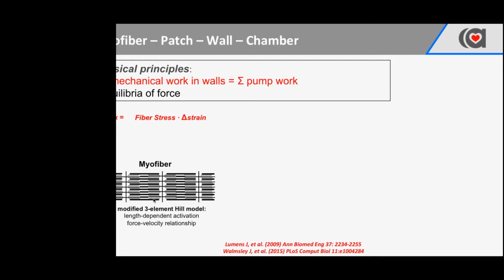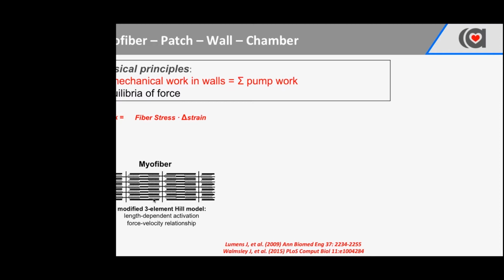Now we will go more into detail about the modules, and for the chamber, so the contractile element, it's very important that we have the principle that no energy is lost, so conservation of energy. And that means that the mechanical work in the walls, the sum of that, equals the summed pump work.